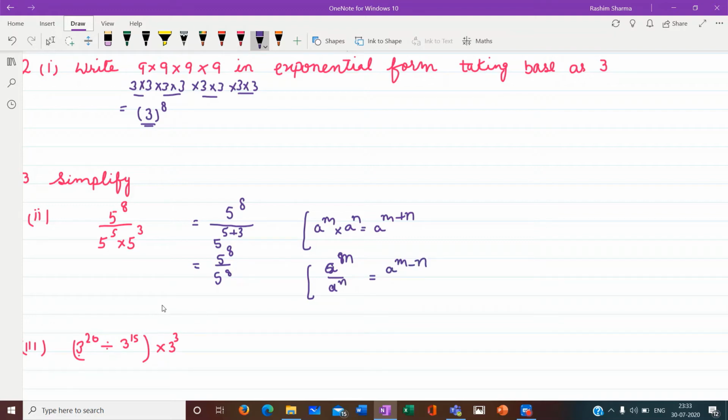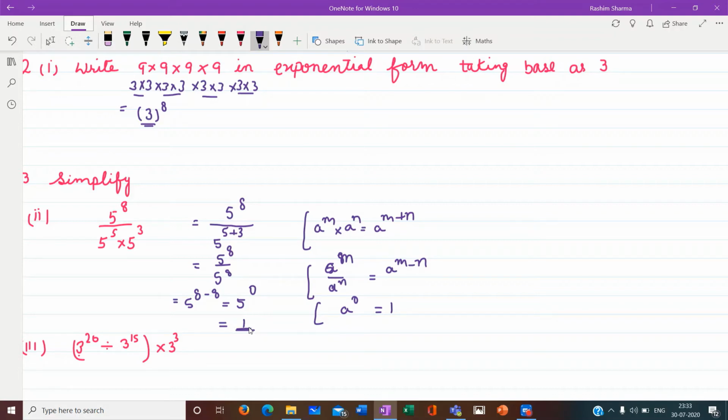So it means here we can write it as 5 raised to power 8 minus 8. That means 5 raised to power 0. And we have done the law that a raised to power 0 is equal to 1. It means 5 raised to power 0 will be 1 is the answer here.